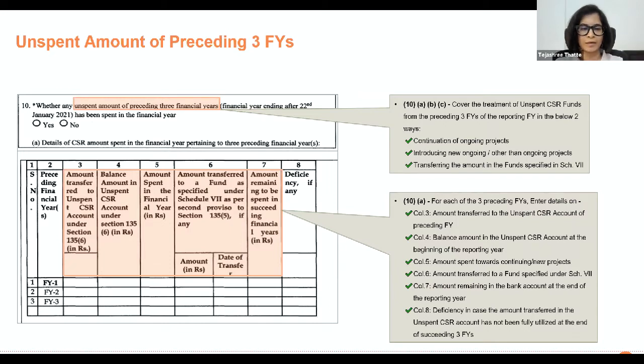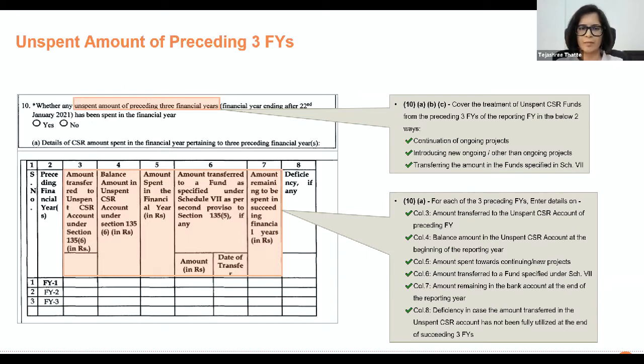Coming back to this table, the table here will require details of such spending divided by financial years. So this is not project wise, but financial year wise. And for each of these 3 preceding financial years, you have to enter the amount transferred to the unspent CSR account of that particular year, the balance in the account at the beginning of the reporting financial year, and in that particular reporting financial year, the amount that you have spent from this account.